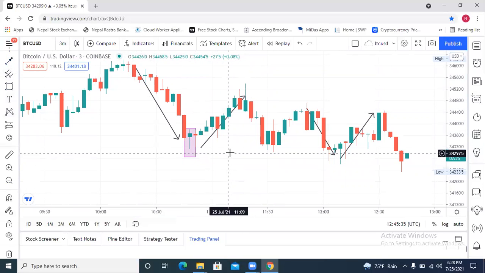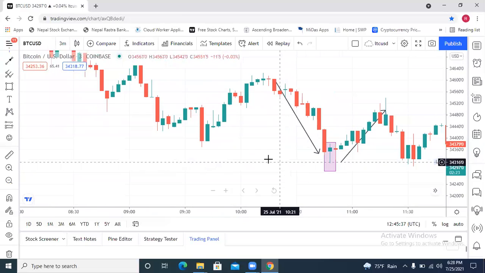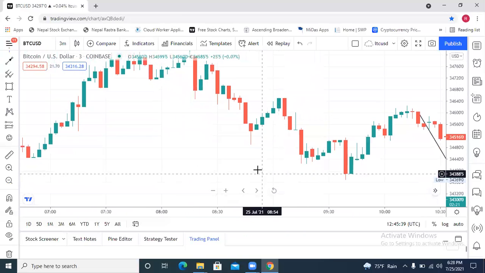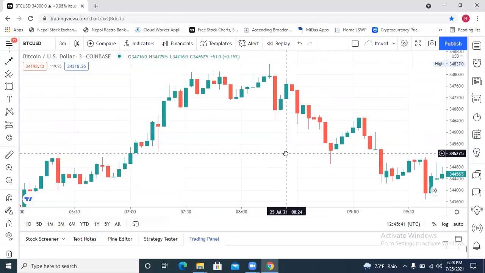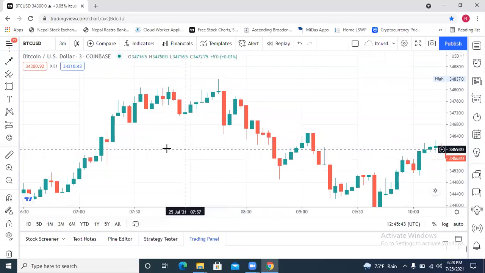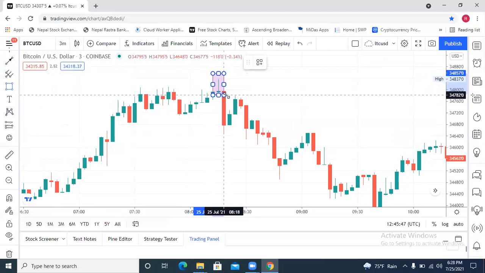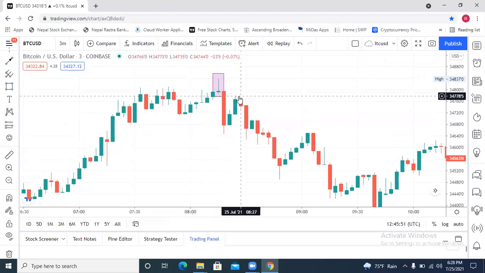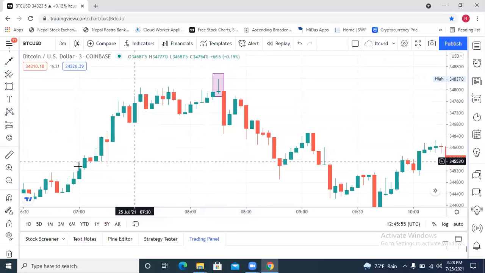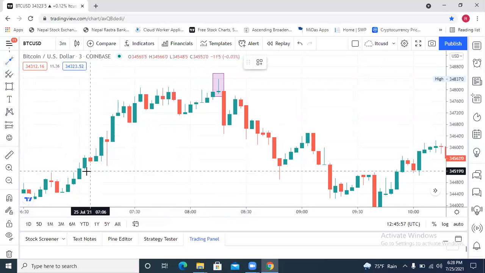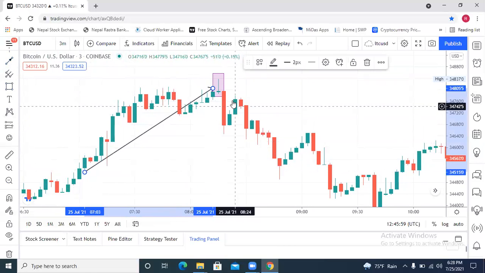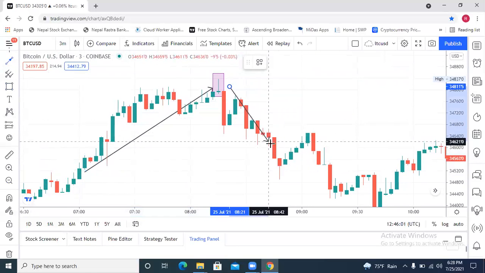Let's look at the shooting star pattern. See over here, this candle, not exactly the shooting star, it does not cover the definition of the shooting star, but however, it is a shooting star. The market is in an uptrend, you see the shooting star, and the market goes down.